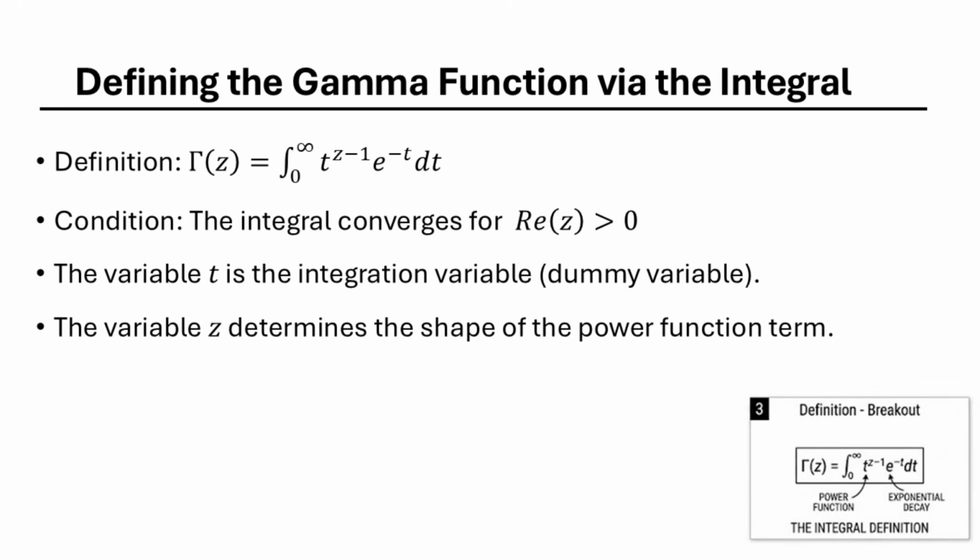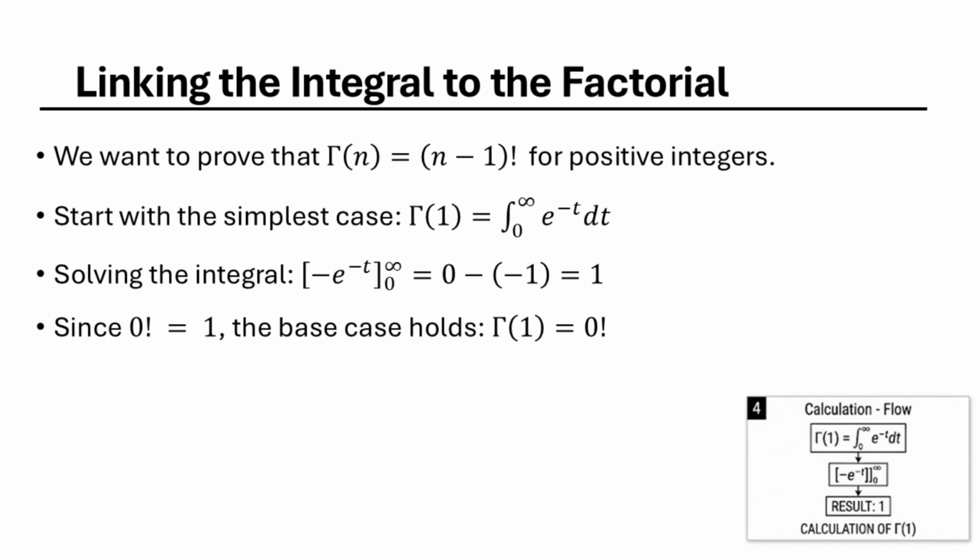To see why this integral represents a factorial, let us test it with the simplest integer. Let us calculate gamma of 1. According to our formula, gamma of 1 equals the integral from 0 to infinity of t to the power of 1 minus 1 times e to the power of negative t. Since t to the power of 0 is 1, we are left with the integral of e to the power of negative t.